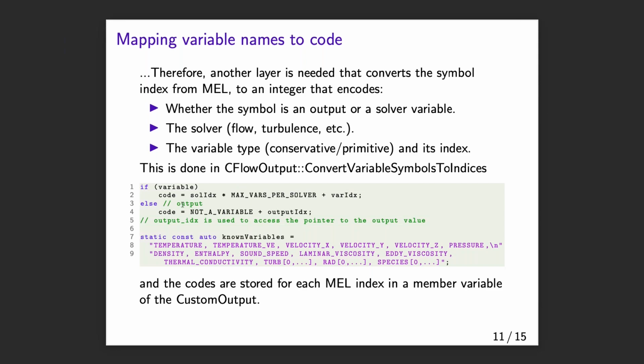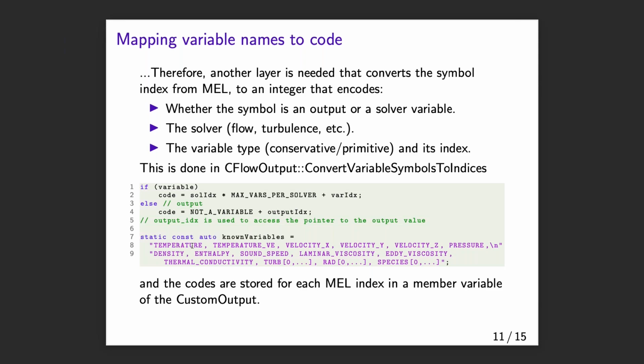If it's an output, then we just give it some other constant, not a variable, which is basically larger than anything that can occur on this branch here. And the output index, and here output index is just used to access the pointer to the output value.